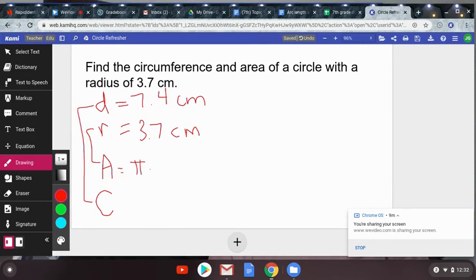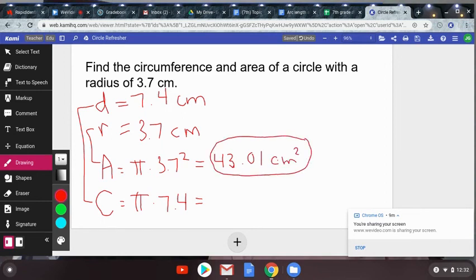The area is going to be pi times 3.7 squared. The circumference is going to be pi times 7.4. I got 43.008, so I'm going to round it to 43.01, and that would be centimeters squared.